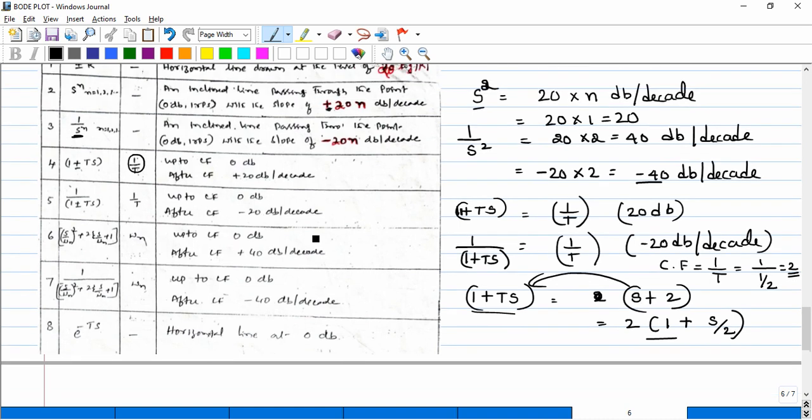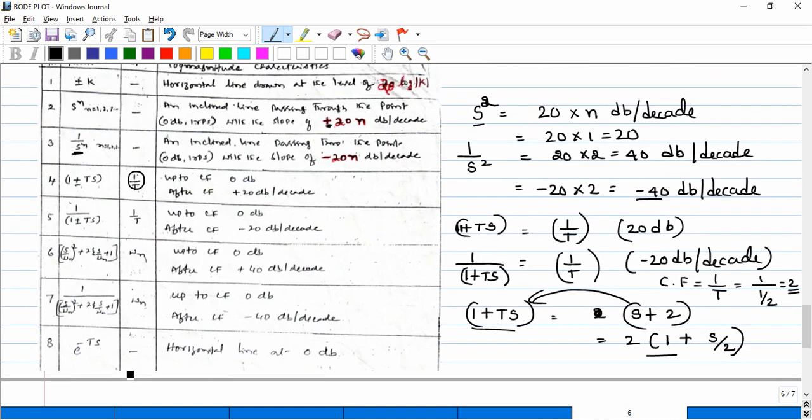And similarly for the second order factor, it is 0 dB at the origin and stays like that till the corner frequency. This part I will explain. Up to the corner frequency it is 0 dB. After the corner frequency, the second order factor will have 40 dB per decade.